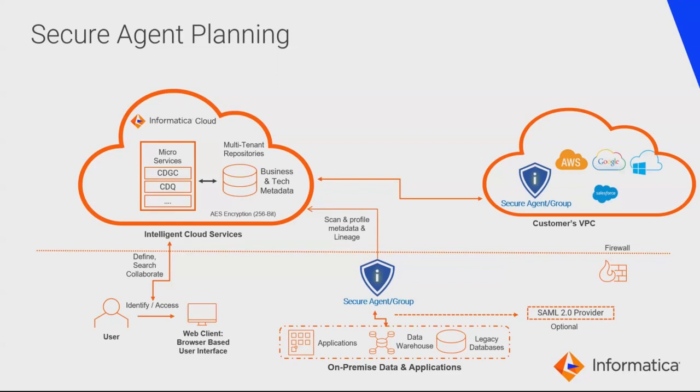Now, in this diagram, we see there are two Secure Agent groups shown below. The first Secure Agent is hosted in the customer premise and acts as a runtime environment for all the on-prem hosted applications behind the firewall. The second Secure Agent is hosted in the customer's virtual private cloud. This acts as a runtime environment for all the cloud data lake as well as the cloud SaaS applications.